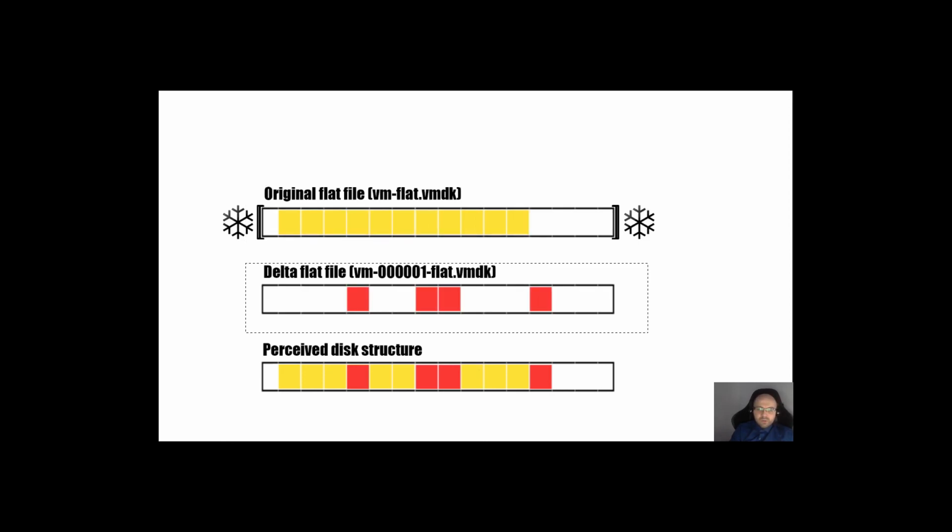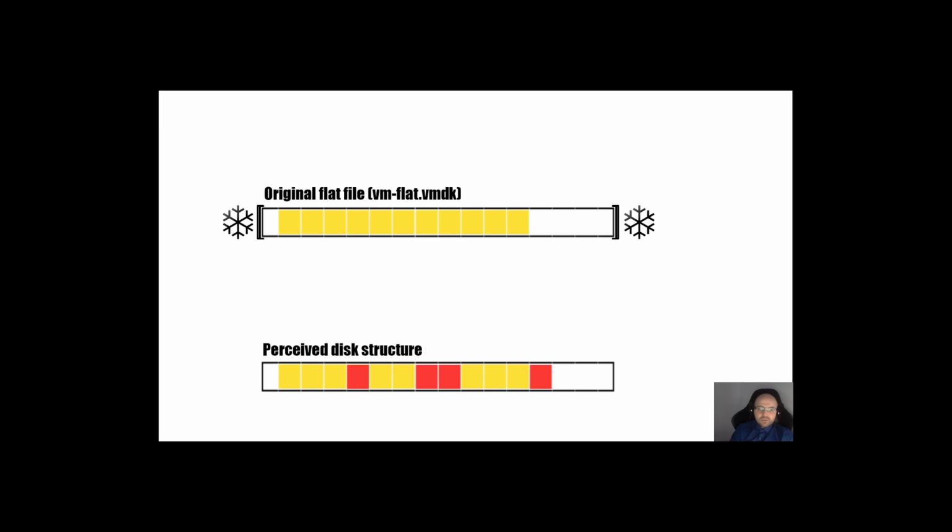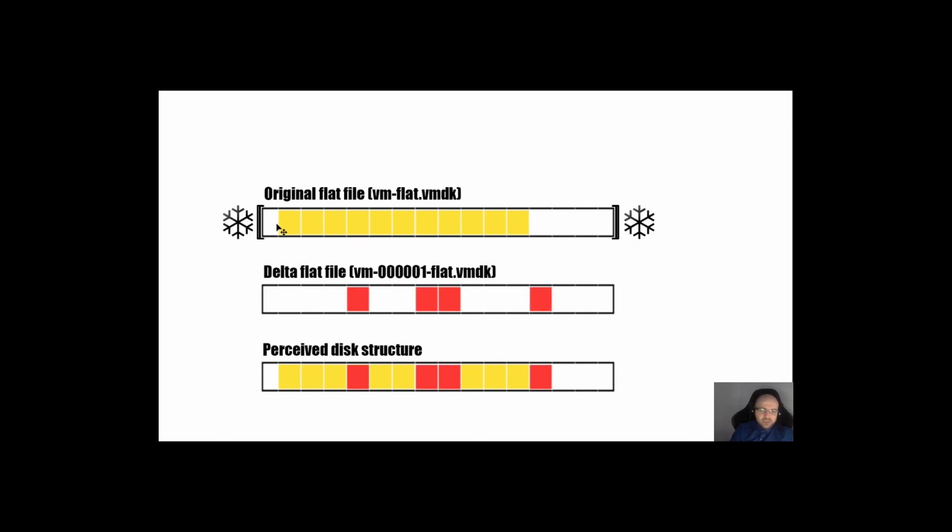And if you were to revert to the snapshot, you would delete completely the delta file, so it will be gone for good. And you would unfreeze the disk and continue working with it. So this is why you lose changes if you revert the snapshot, because you simply discard the new changes. And if you delete the snapshot, you consolidate them into one and you keep working.